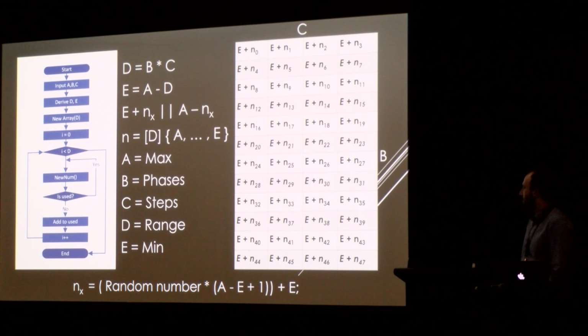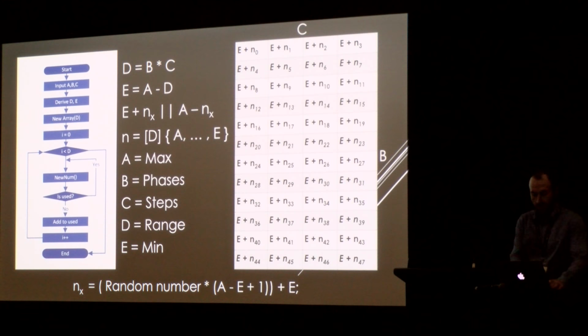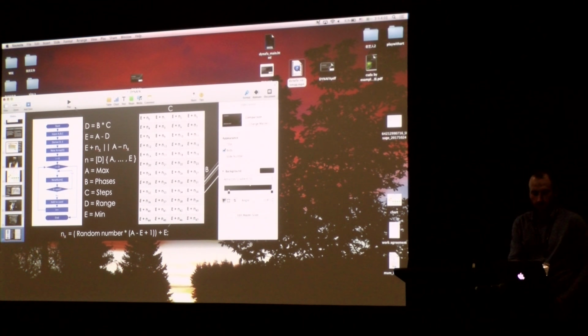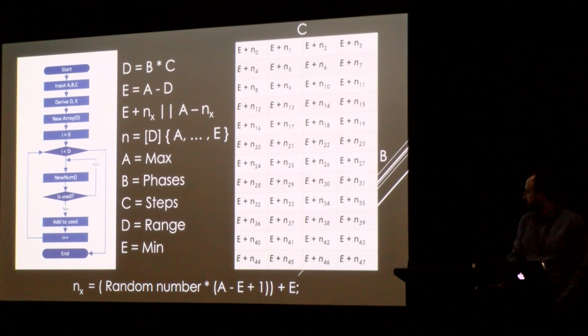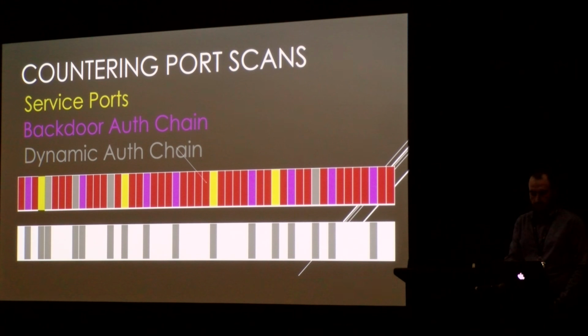You generate a whole lot of random numbers until you fill up this array here, and any number in this array can be described as either E plus n or A minus n, where n is a random number put through some equation so that every port is filled, as you see in the web browser application.